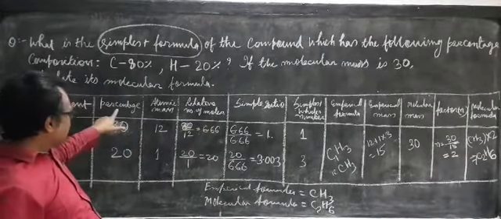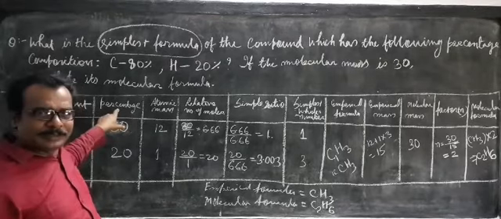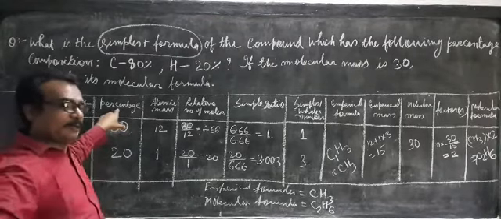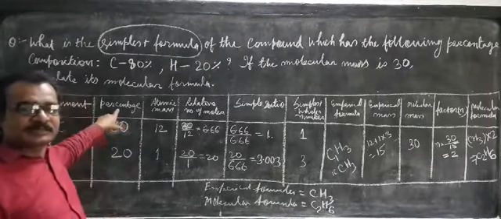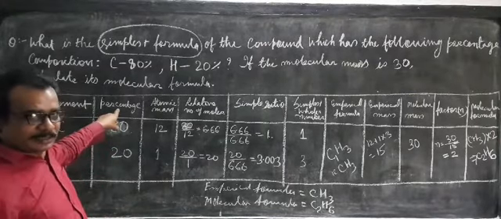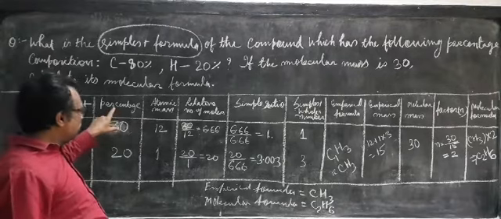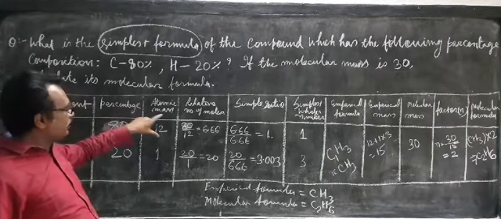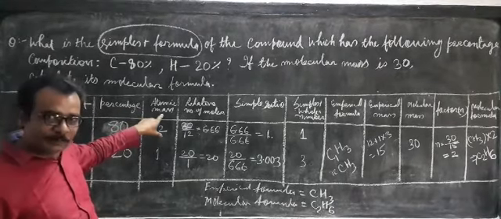This percentage is considered as the total amount of the element present in the compound. Total amount should be divided by atomic mass so that you can get the number of moles.